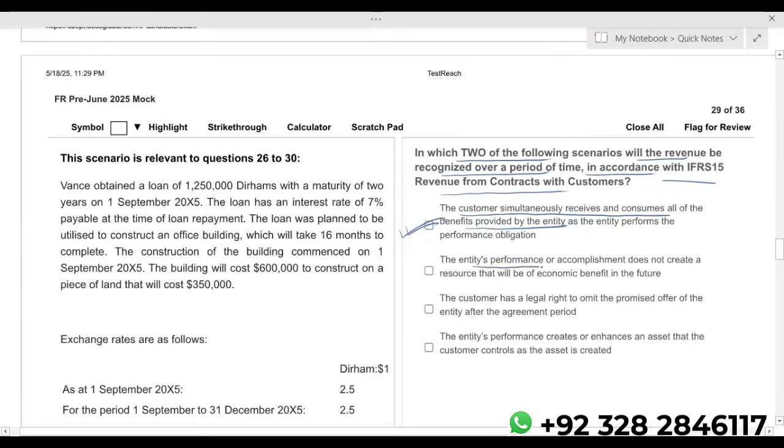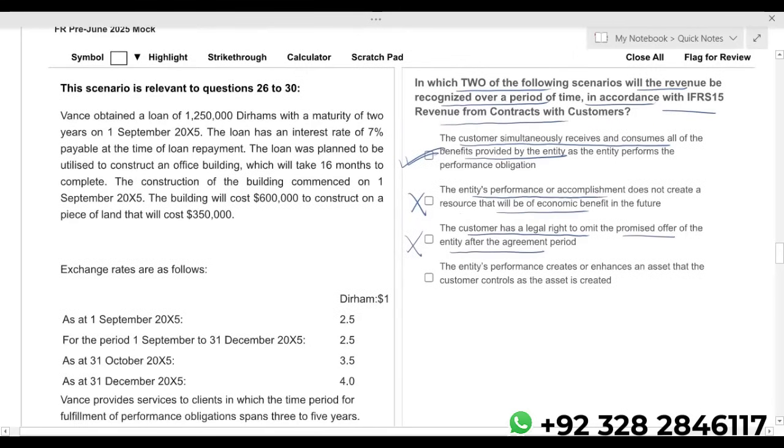The entity's performance does not create a resource that will be... The customer has a legal right to omit the promise from the entity. If the customer has a legal right to leave everything, how can I recognize the revenue? The entity's performance creates or enhances an asset that the customer controls as the asset is created.